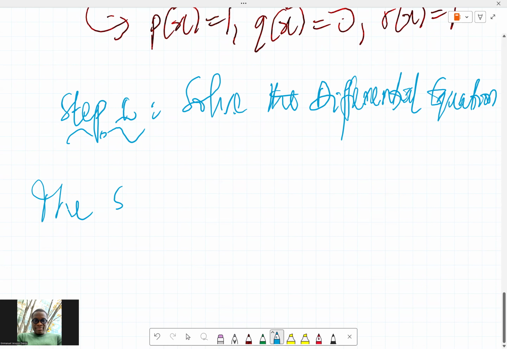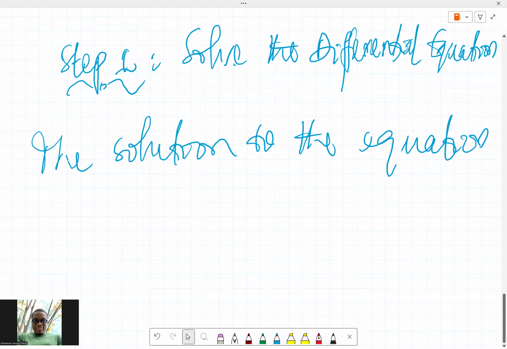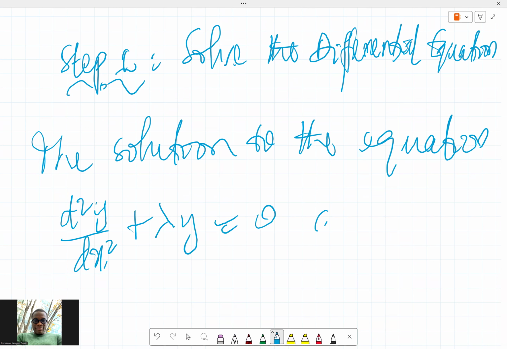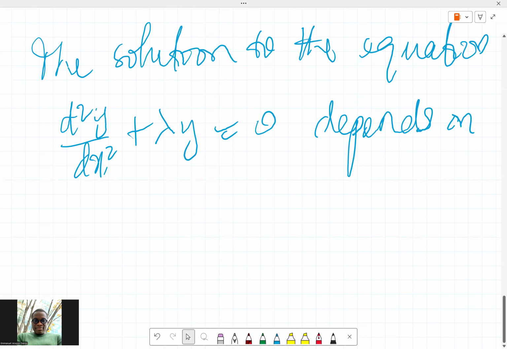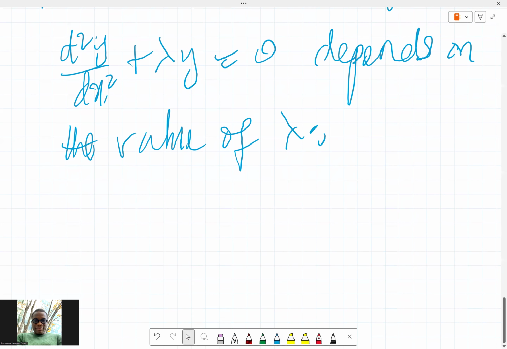So the solution to the equation, that's what I'm saying. This may not really look like numeric like that. d squared y dx squared plus lambda y equals 0 actually depends on the value of lambda. So we have like 3 cases.